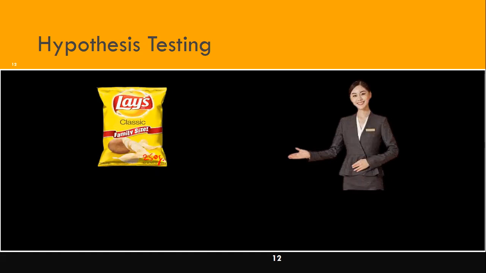250 gram, this is the average weight. You can see it. This is the weight, right? So they say if you buy this packet and open it, you can find 250 gram quantity of chips or some snack in it.